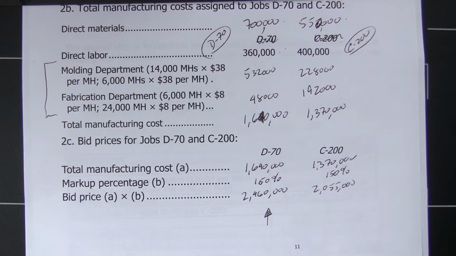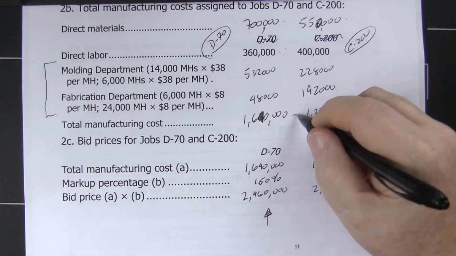So that's 2C. 2D, it says, what is the cost of goods sold? And again, because they had no beginning or no ending inventory, the cost of goods sold is exactly the amount that was assigned to the manufacturing cost of both.